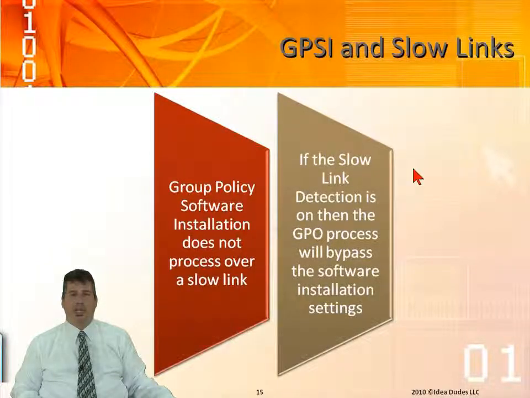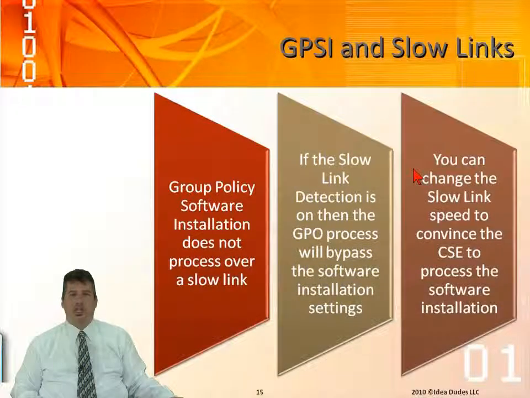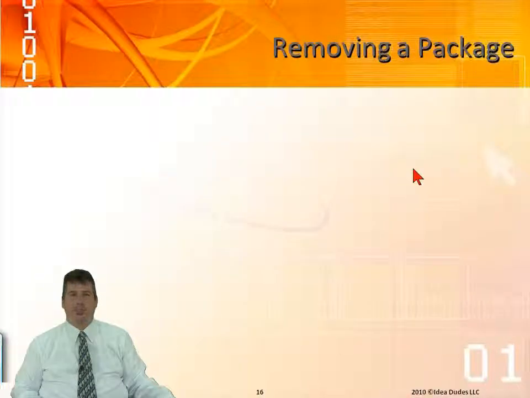If the slow link detection is on, the GPO process will bypass the software installation settings, so it won't do it. And you can change the slow link speed to convince the CSE to process the software installation. So instead of 500 kilobits per second, we can say 384 or whatever we want, and make it so it does go across those slow links.